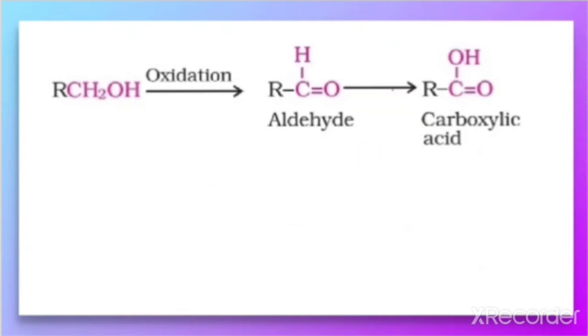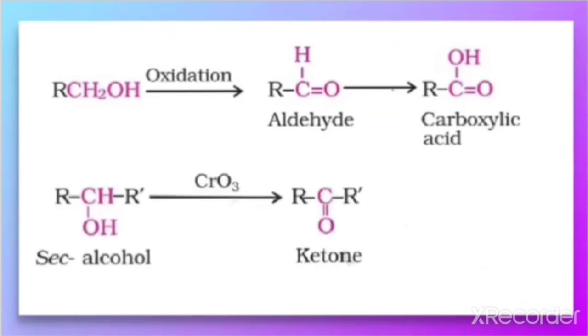So this is what we have learned for the case of primary alcohol. Primary alcohol gives rise to aldehyde on oxidation. But the secondary alcohol gives rise to a ketone on oxidation. You can see, secondary alcohol on oxidation in the presence of an oxidizing agent gives rise to ketone.